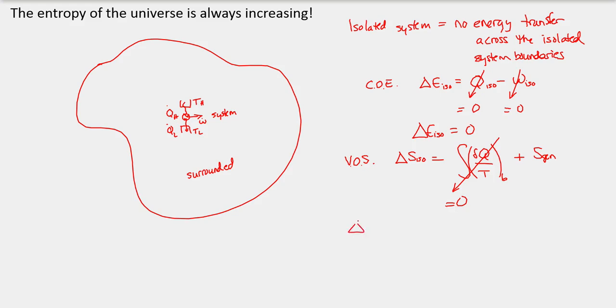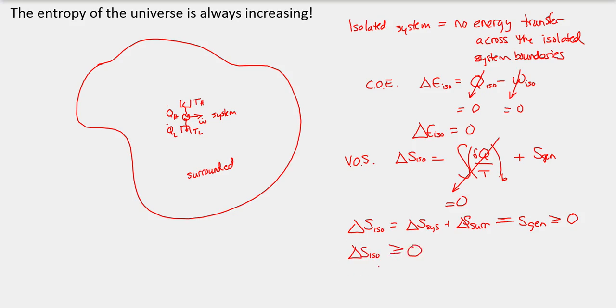So what we have is the change in entropy of the isolated system, which consists of my little power plant plus the change in entropy of the surroundings, and that has to be identically equal to the amount of entropy that's generated by this interaction. And we know that this term, from the statement of the second law, has to be greater than or equal to 0.